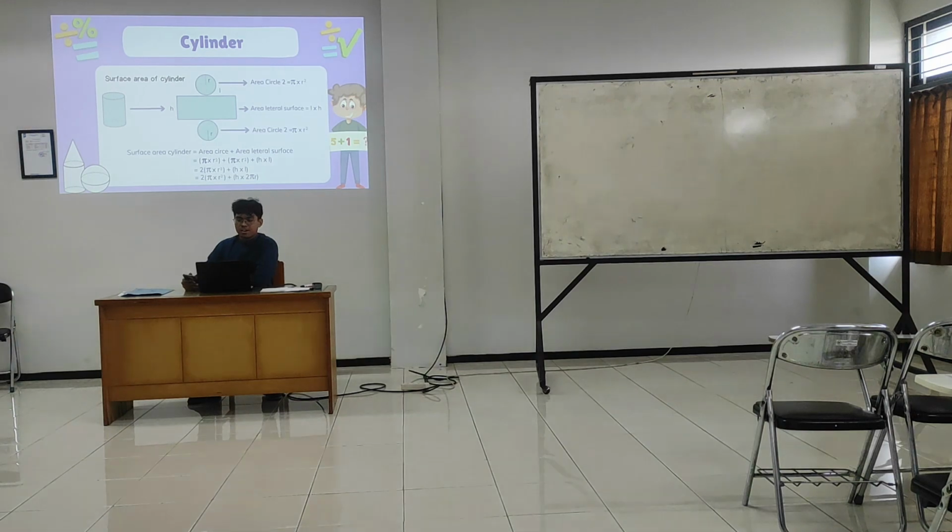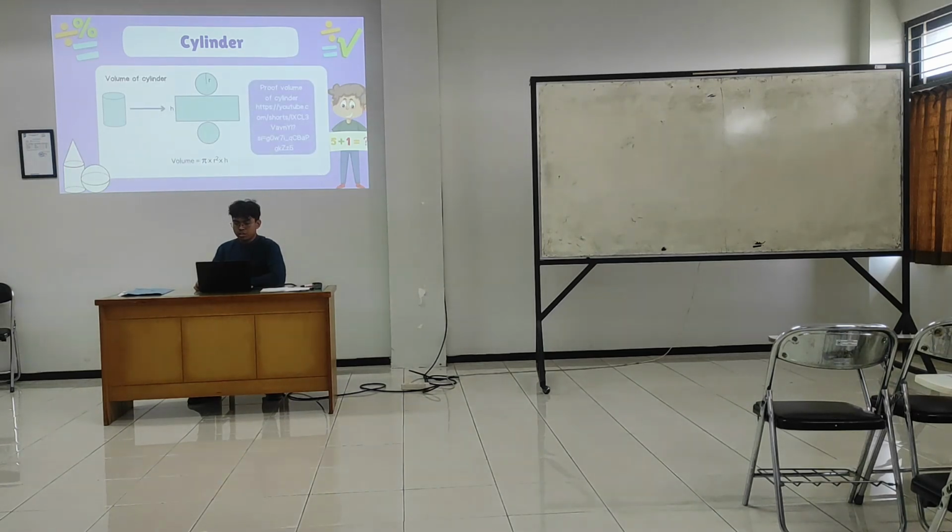So the surface area of the cylinder is the area of the two circles plus the area of the lateral surface. So pi r squared plus pi r squared plus height times length. So 2 pi r squared plus h times the circumference, which is 2 pi r times h.